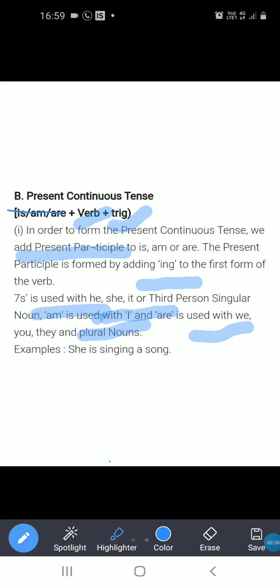So they have given one example: She is singing a song. So here she is a singular pronoun, so they have used the auxiliary verb is. And then they have used the present participle form of the verb sing, added ing, then the object, a song. Okay. So this is the method of making the present continuous tense.